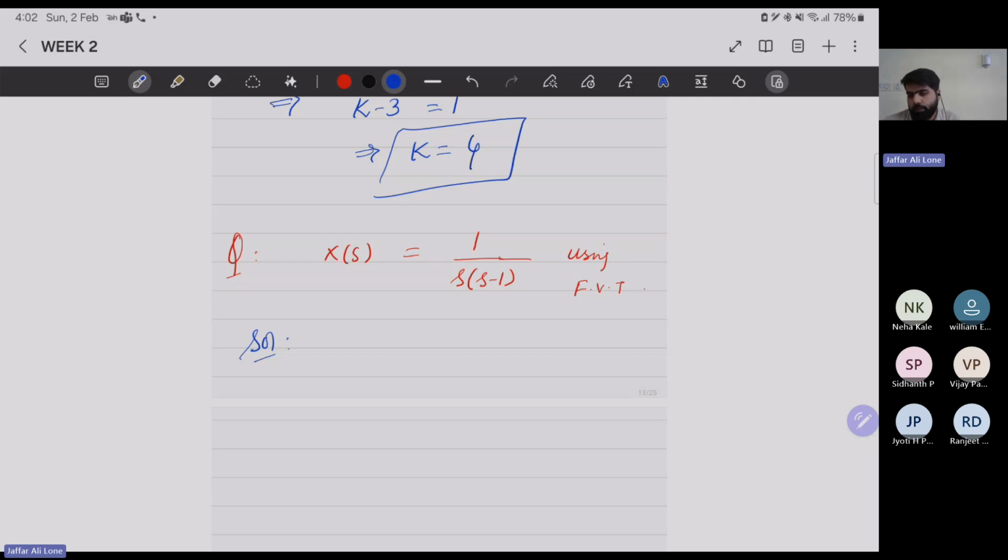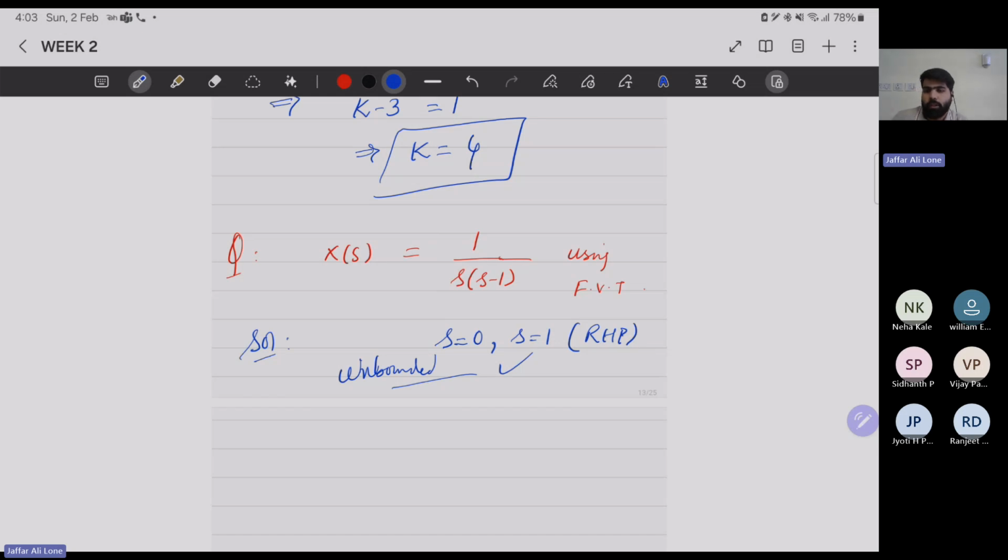So here clearly we can see the function is proper, but we have two poles. One is at s = 0 and the other is at s = 1. This pole lies in the right half plane, so this system is unbounded. It will blow up to infinity, so we cannot apply the final value theorem here.